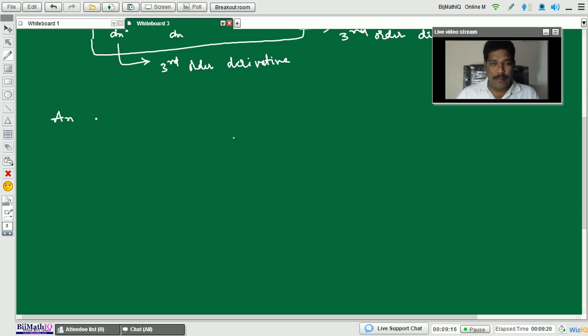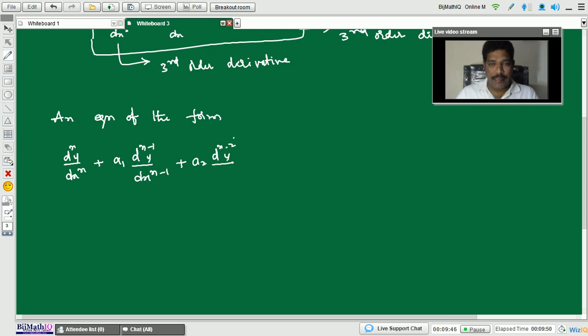An equation of the form d^n y by dx^n plus a1 into d^(n-1) y by dx^(n-1) plus a2 into d^(n-2) y by dx^(n-2) plus so on, plus finally an into y equals some function of x.